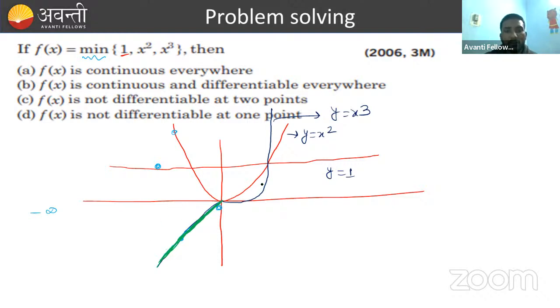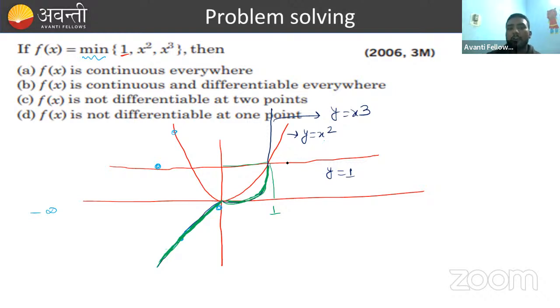Then the second part, from 0 to 1. At x equals 1, x square is also 1 and x cube is also 1. So in these three cases, the minimum is this one, because this is here and this is here. Again I am highlighting it.